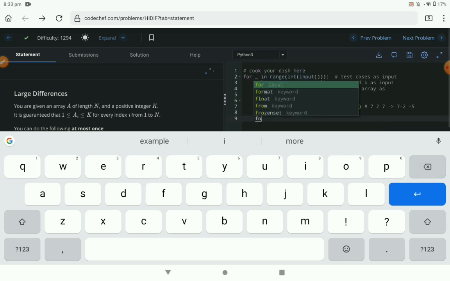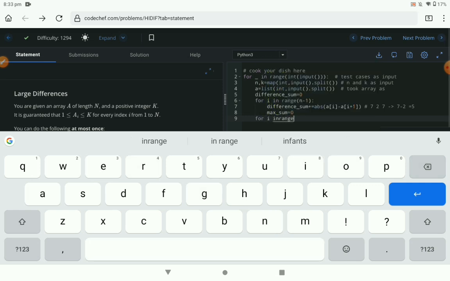So now we will run a second for loop for i in range n.